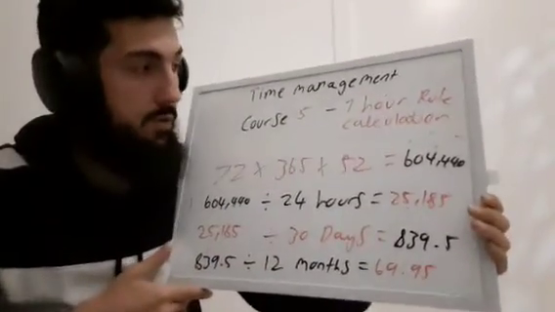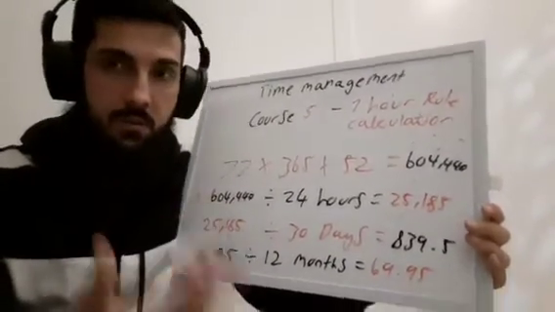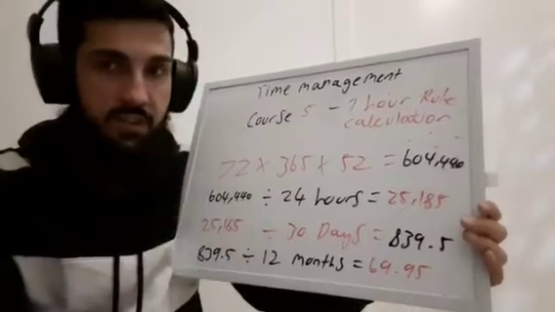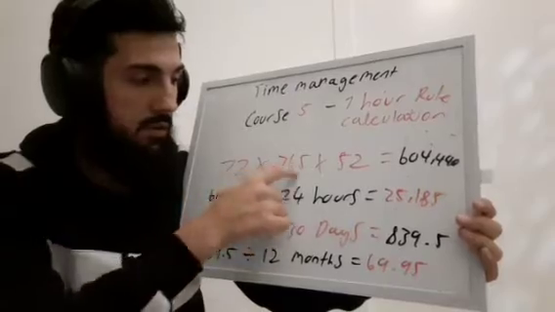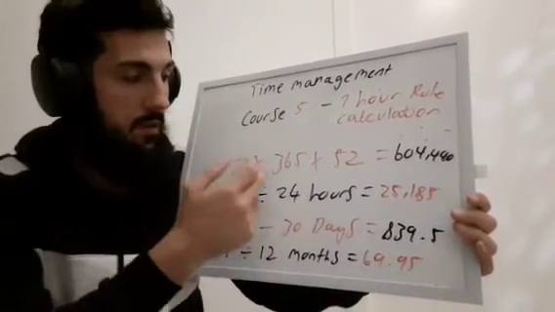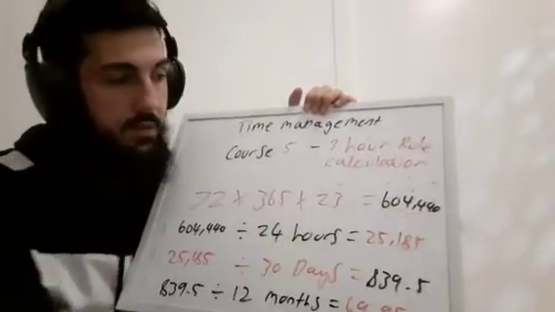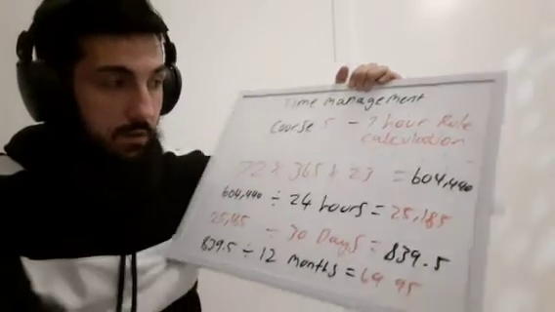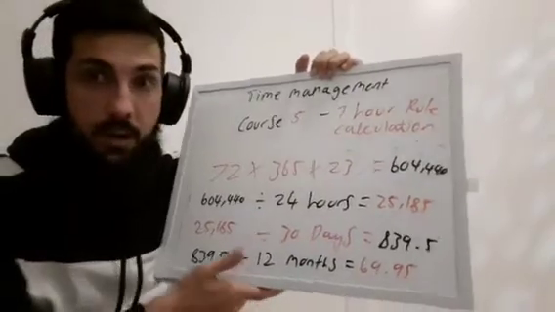I have a nice beautiful course over here which is going to explain the 1 hour rule calculation. We're going to go by 28 years, or else we're going to get the number 72. We're going to do 23 times 365 times 72, and we're going to get 604,440 hours.